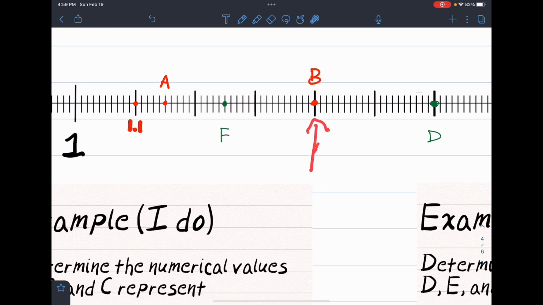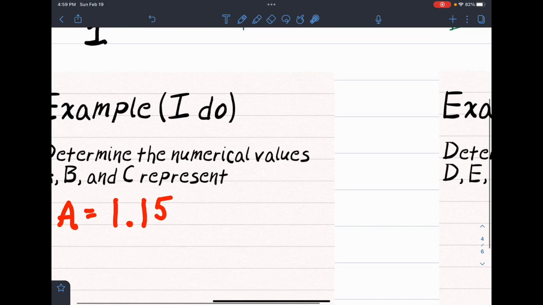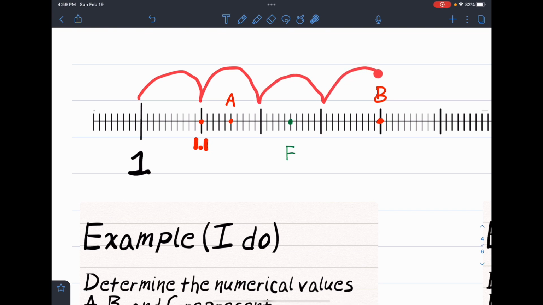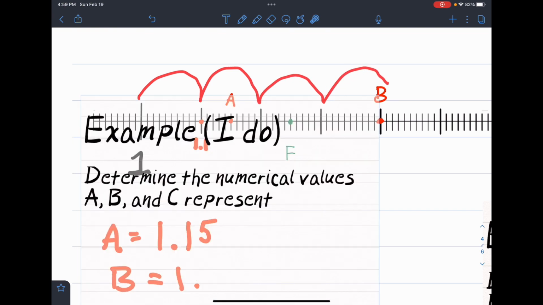And again, to find the nearest whole number, we go to the left, and it's 1 again. So I'm just going to write out B is equal to 1 point. Now, how many tenths is it along the number line? It's 1/10, 2/10, 3/10, 4/10.